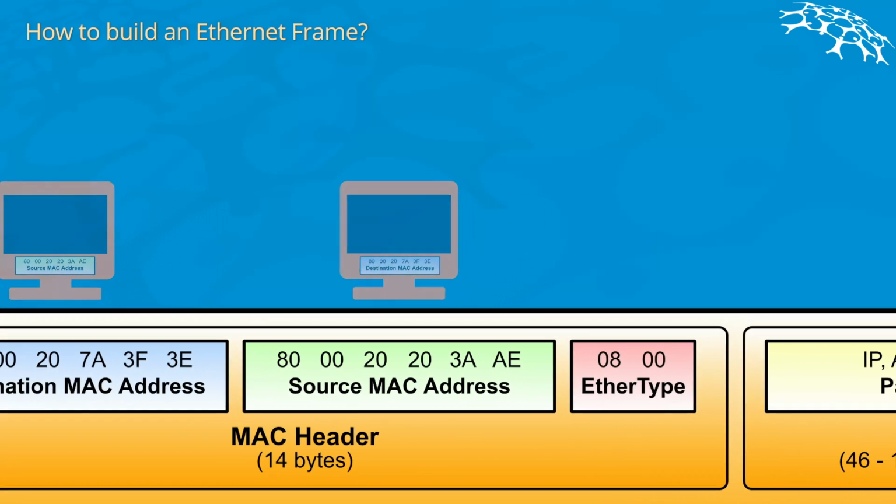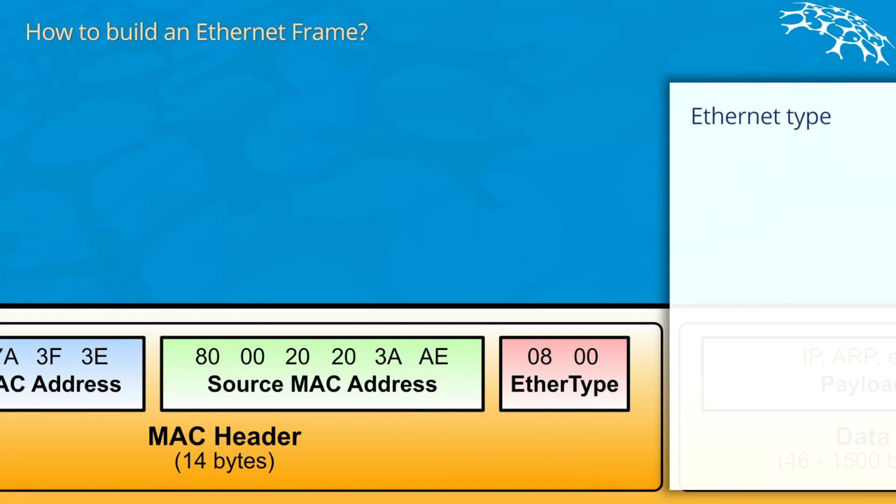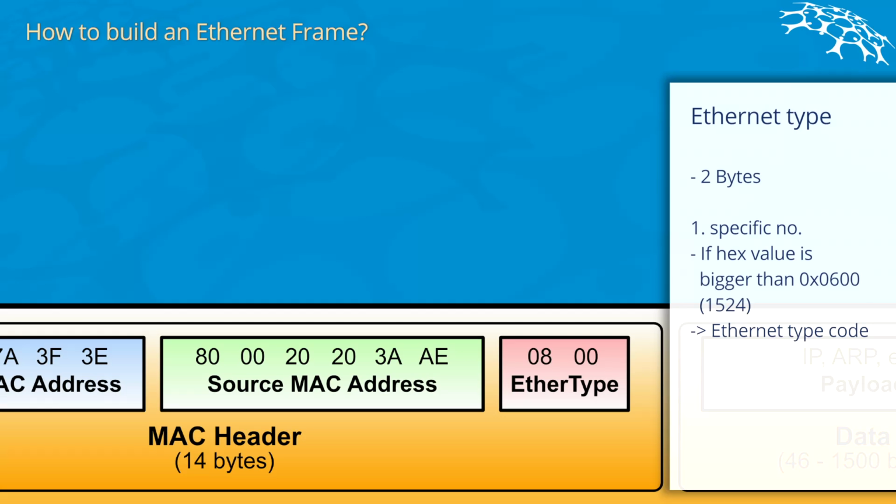The next part of the protocol is the ether type. The ether type is a 2-byte field where you can actually do 2 different things. You put in a specific number, and there is some RFC on the internet that tells you which type of protocol this is. For example, 0800 means that you do IP over Ethernet, which is probably the most frequent Ethernet type.